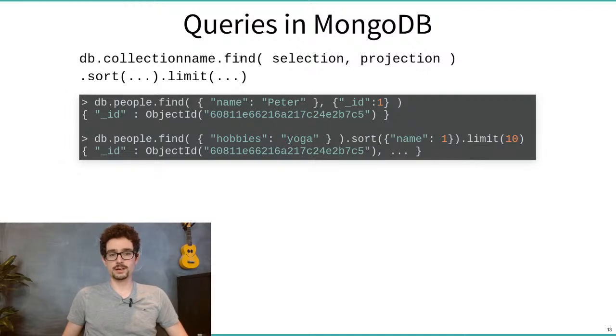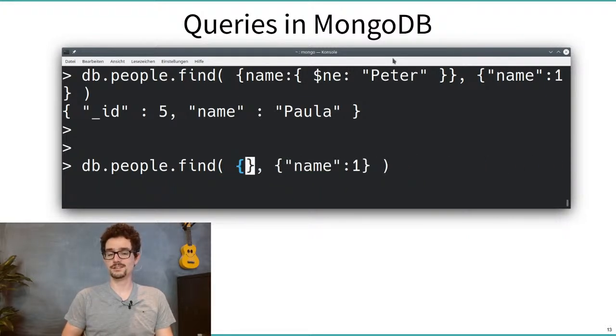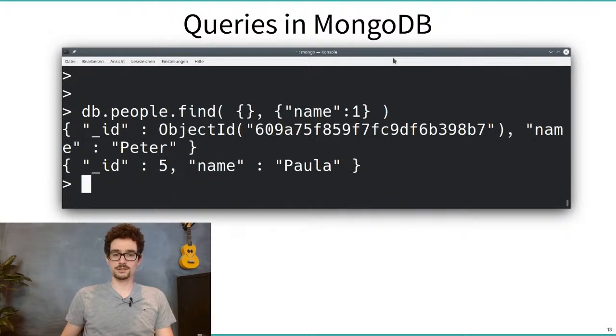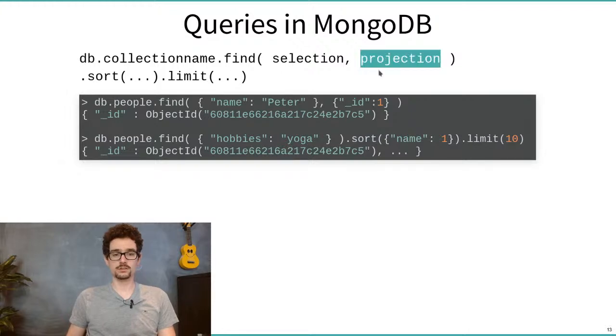Find commands on a collection can be used without a predicate, then it finds everything, or with a selection, or with a selection and projection. If you only want to do a projection, then you simply use an empty object here. Projection is not so important, but it's possible.